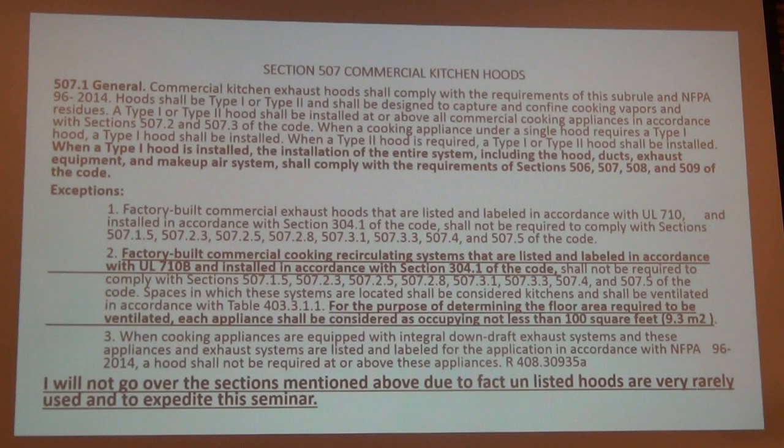It even says that in the statement for exhaust, that you have to exhaust the heat. So what this exception says is, no, you don't have to exhaust the heat as long as your air conditioning can handle the heat. In other words, if you can't stand the heat, get out of the kitchen. Wow, that's a good one. So it has to be air conditioned if they want to go with that exception.